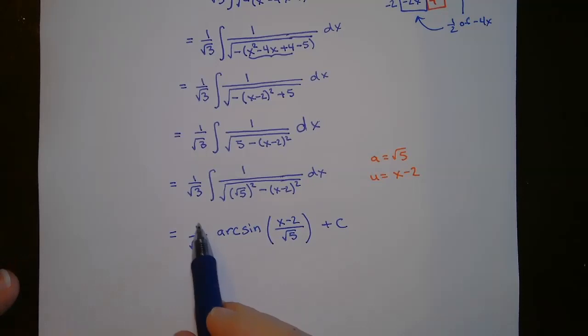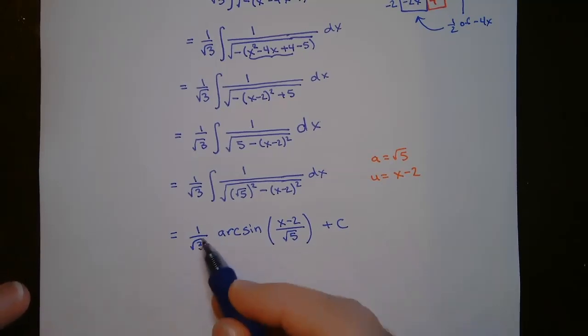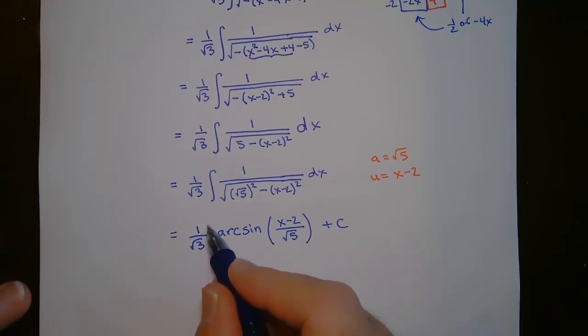So this one right out here, we need to rewrite this fraction. We need to rationalize the denominator. That's what this is called, okay? We're going to multiply the numerator and denominator by the square root of 3.